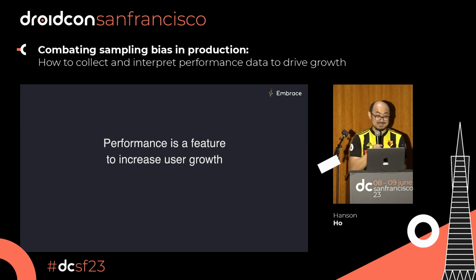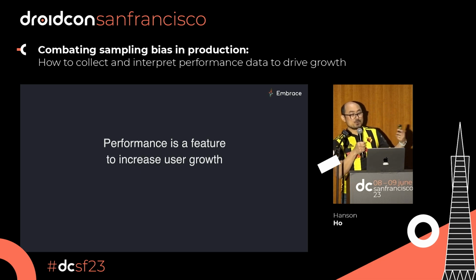Not only do you gain new users by releasing a brand new feature, you could get it by simply losing fewer users. Because what is user growth? It is the users you add minus the users you lose.